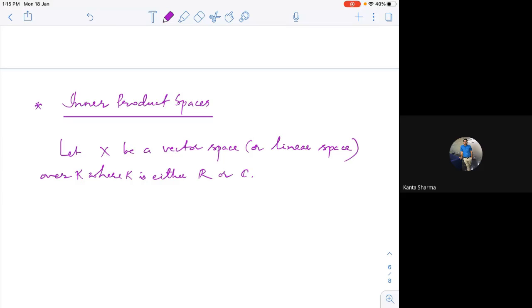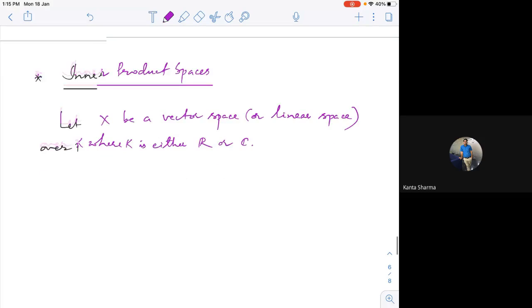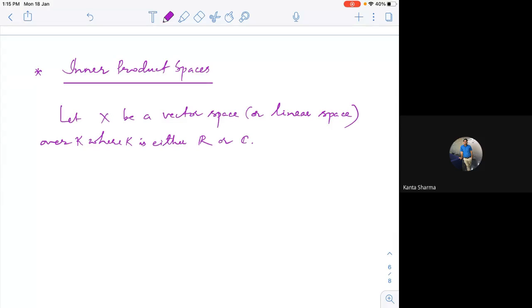So let's take such a vector space X over K. And for k belonging to K, I would like to denote the complex conjugate of k by k bar.